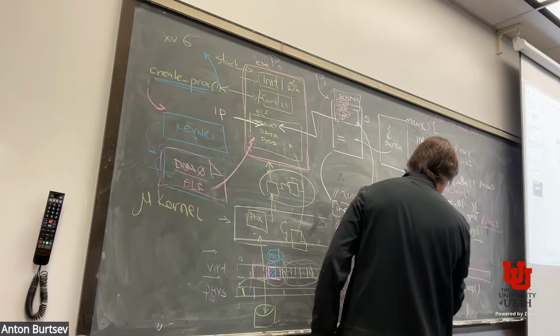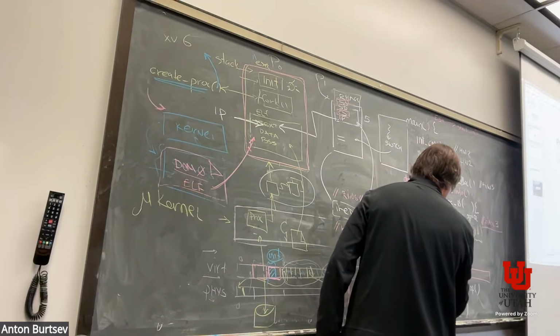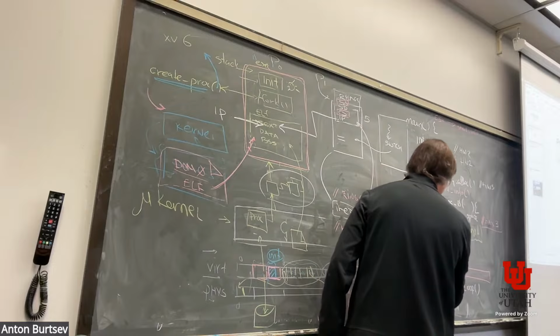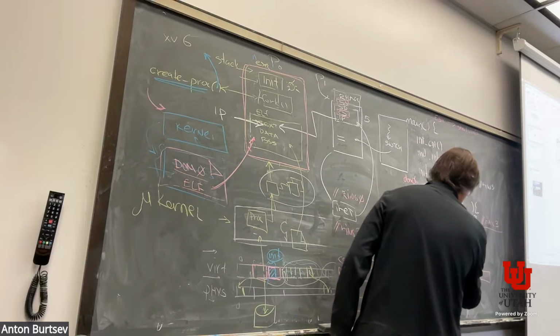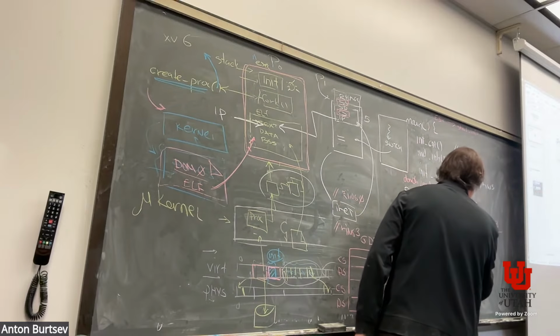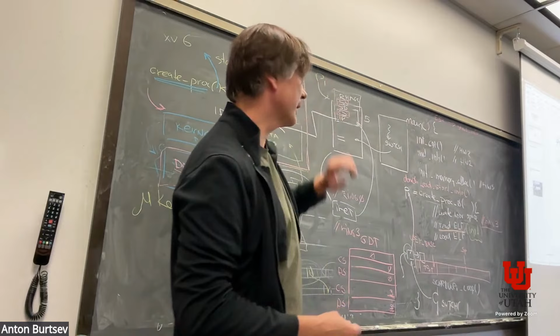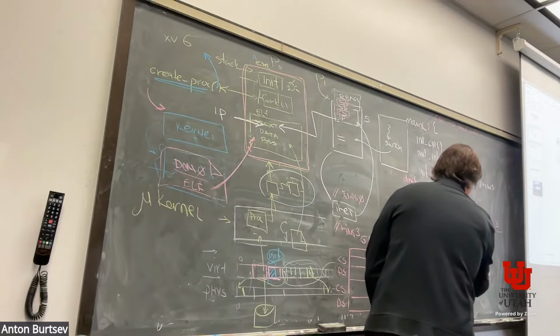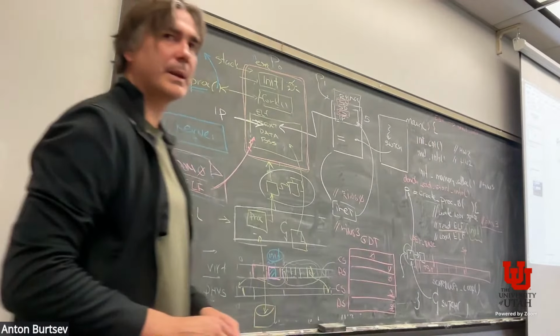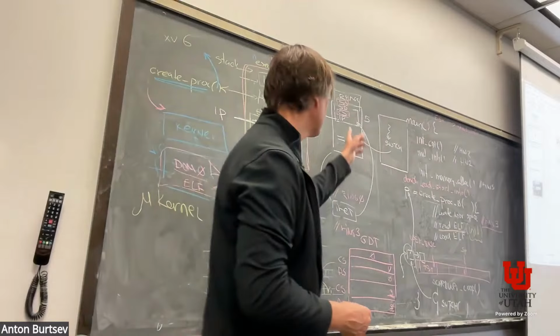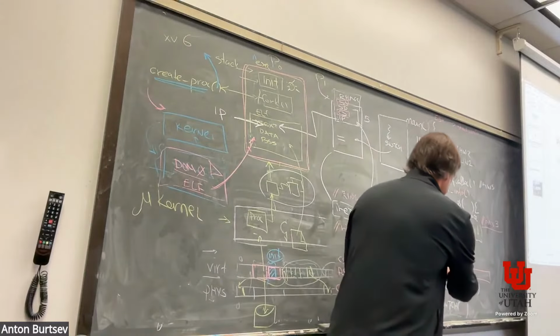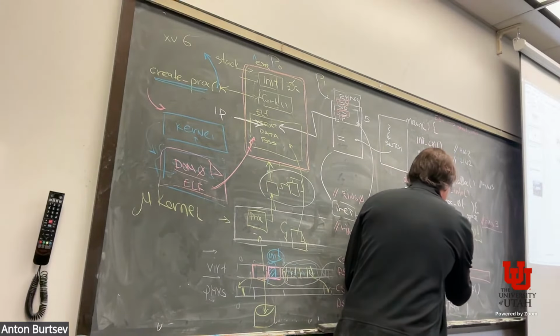We want to load the text section here. There will be an entry point, there will be some other sections. We'll create a stack, set a stack pointer, and when we do the IRET, the stack pointer will be correctly initialized. The user will start running using this stack, right? And the instruction pointer will be initialized with the entry point of the program, right?